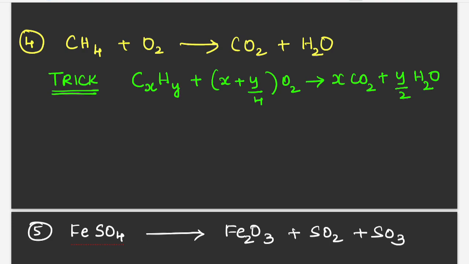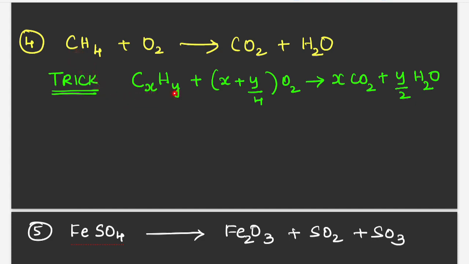Now see here how we are going to balance this. To balance carbon dioxide, I have to write x here. What is x? The number which is present with carbon. If there is no number, it is understood that it is 1. Suppose if 2 was there, the x value would be 2.